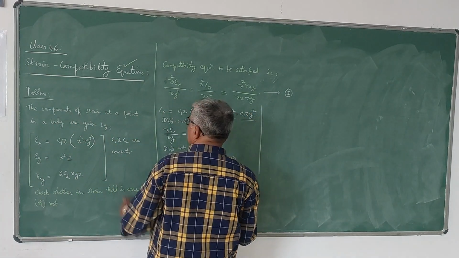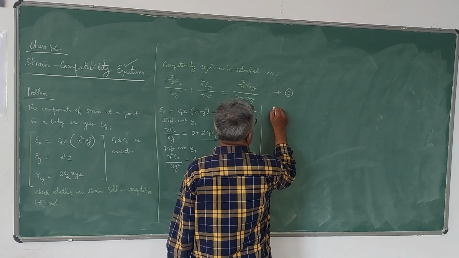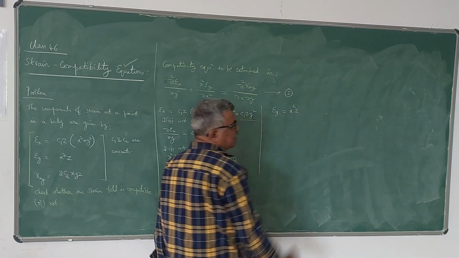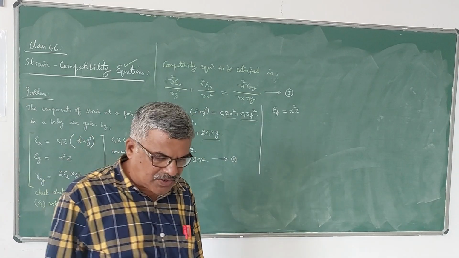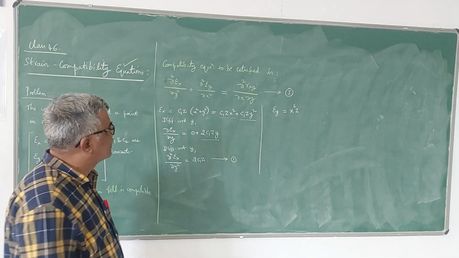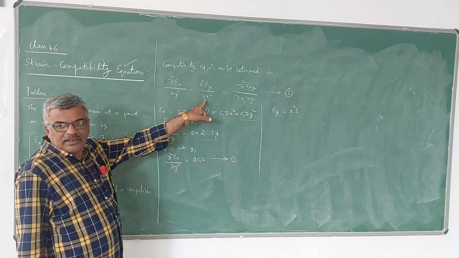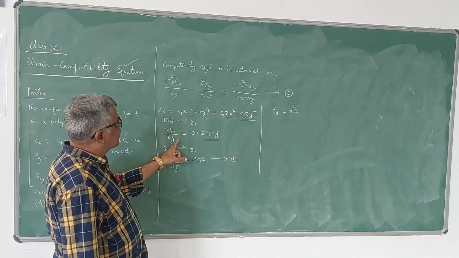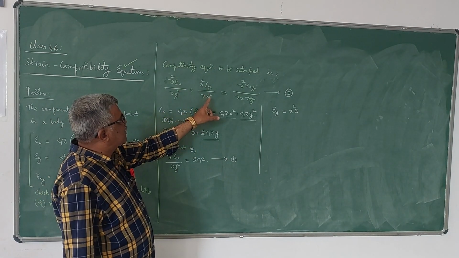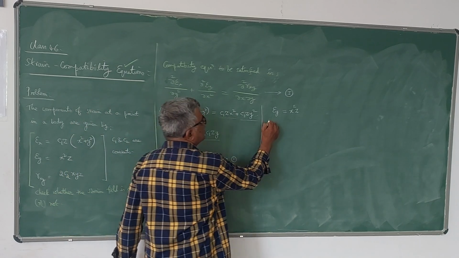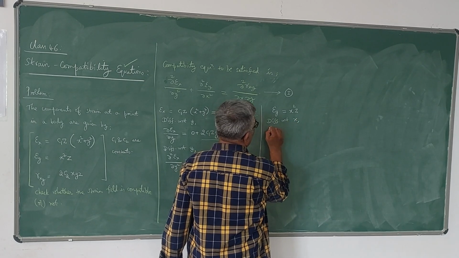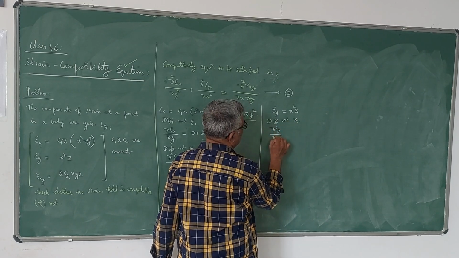Next, second, we have to take the second expression. Epsilon y is equal to x square z. This we have to differentiate with respect to x 2 times. Differentiate with respect to x, so we get dou epsilon y by dou x.